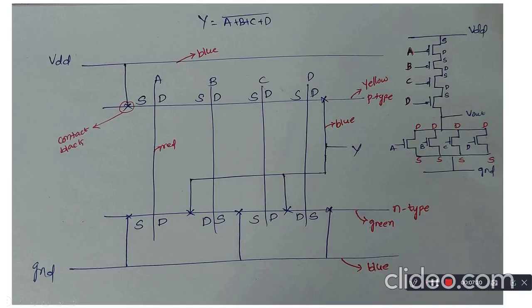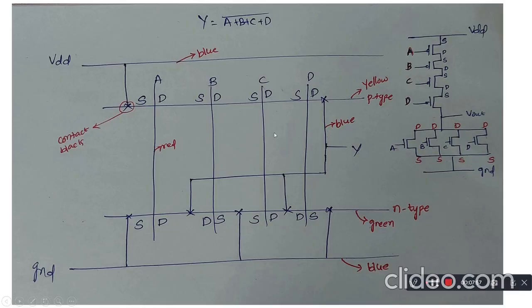In this way we draw this stick diagram, and the ABC inputs are drawn in red color, as they are inputs. This is about the stick diagram. Based on these source and drain connections, we have to draw this stick diagram. Can I revise the steps in a few seconds? First we have to draw the VDD, and then the ground.